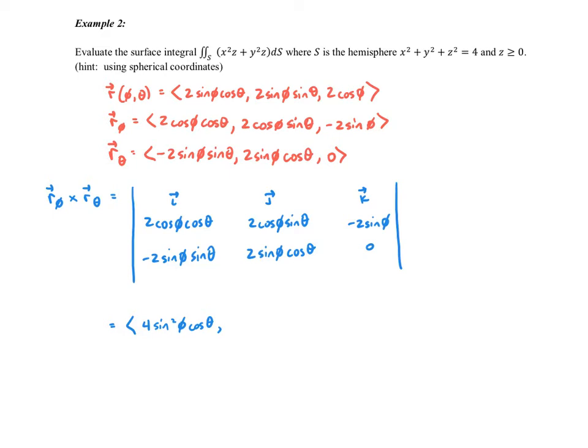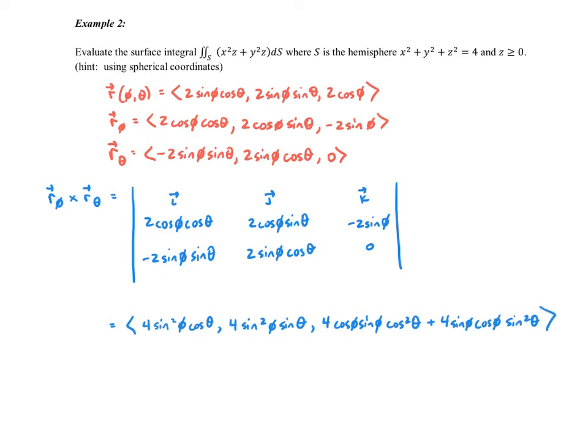Then our second will have 0, and then minus, and we have to multiply by negative 1, so we're going to have positive 4 sine squared phi sine theta. And then for our last one, you can't really simplify much. It'll be 4 cosine phi sine phi cosine squared theta minus a negative, so plus 4 sine phi cosine phi sine squared theta. Okay, so really ugly one.